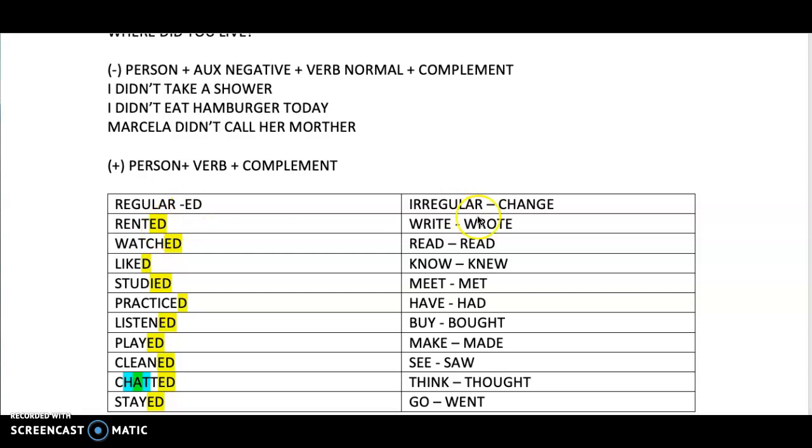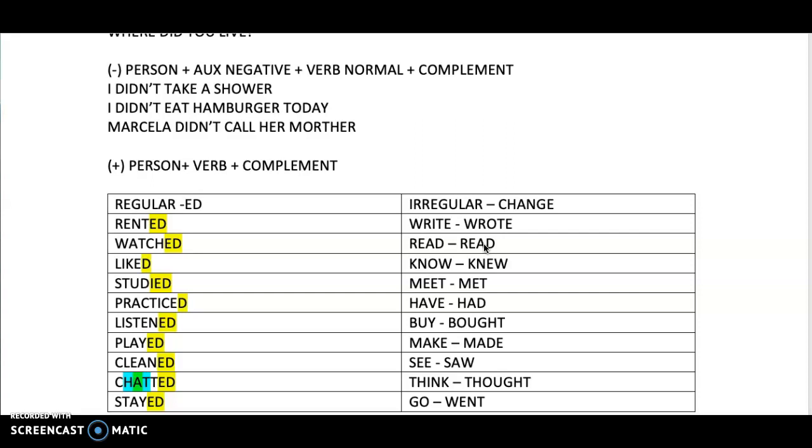The irregular ones are the ones that change either the written way or the way you pronounce. For example, read, read, write, wrote. Wrote changes its written way, and read changes its pronunciation. Read present, read in past.